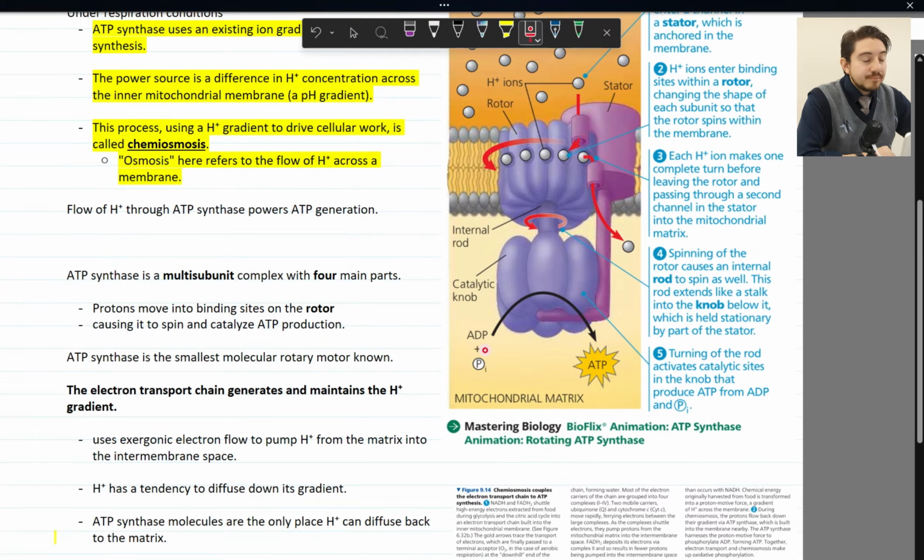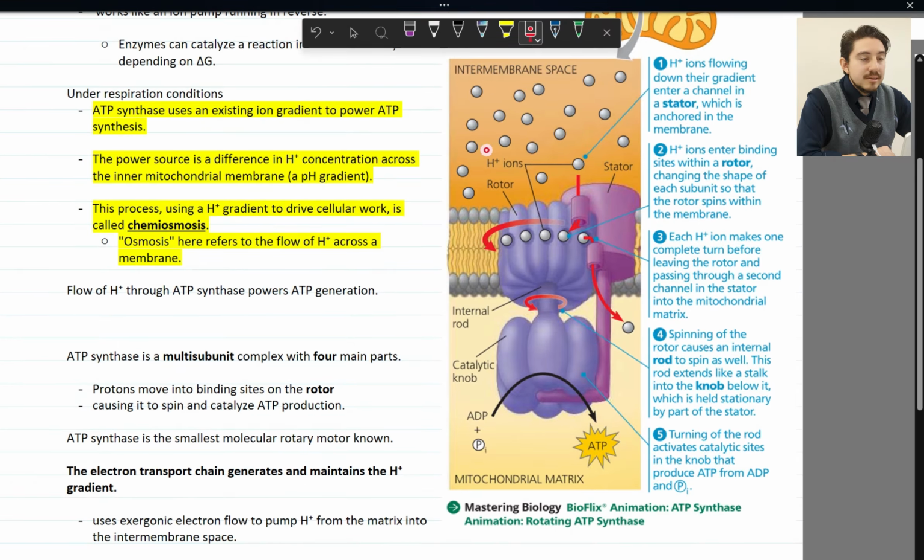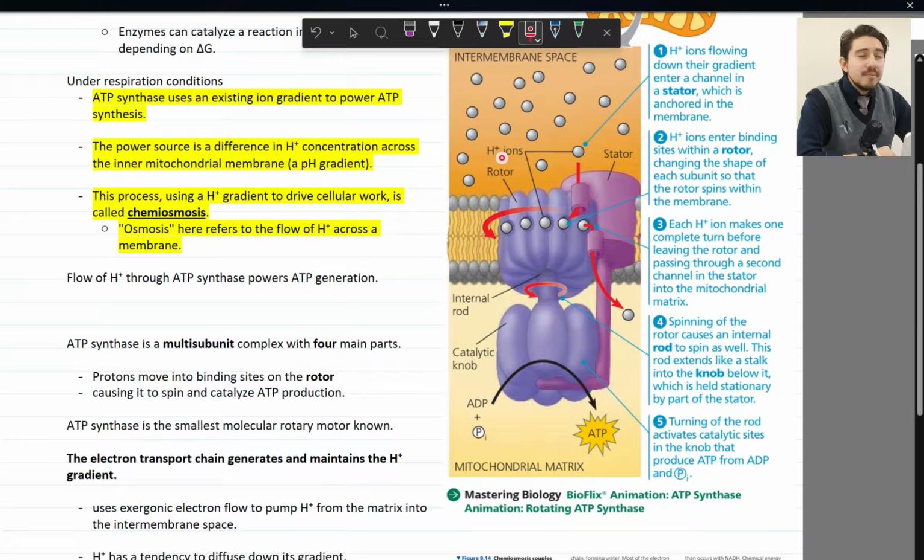And so the protons that you see here, the hydrogen ions, move ultimately into binding sites on the rotor. And when they bind to this rotor, they force it to spin about its axis.